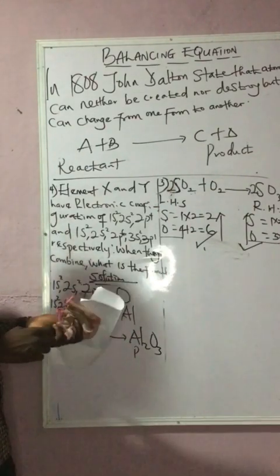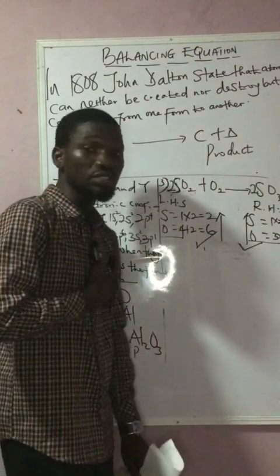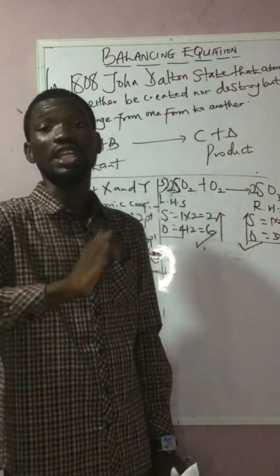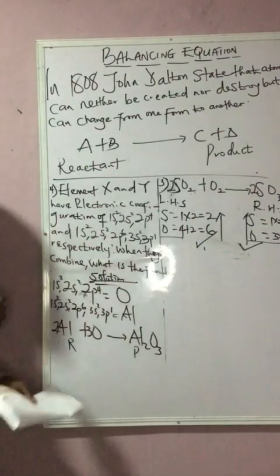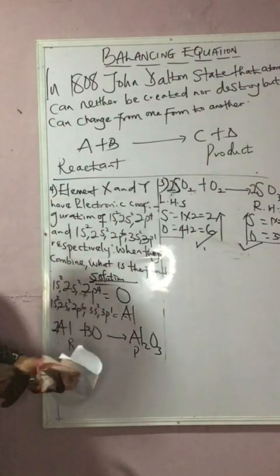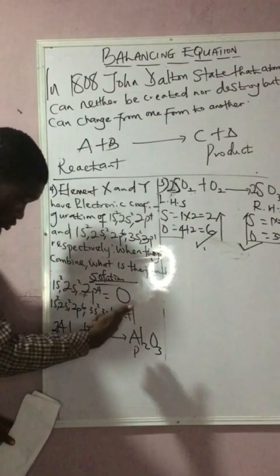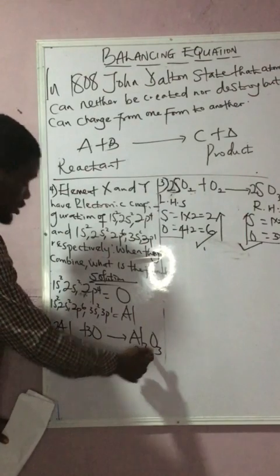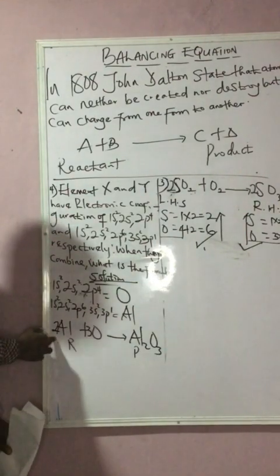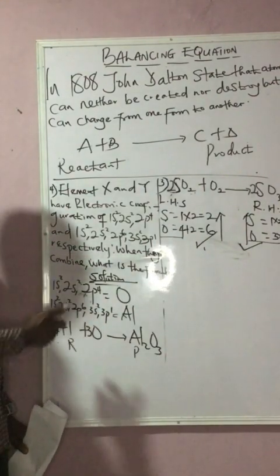Not initially when I was explaining, I told you guys that we can use the trial and error method. So here I'll be having what? 3 oxygen. So looking at those two, we have 2 aluminium here and 3 oxygen here. The same thing here, we have 2 aluminium, and we also have what? 3 oxygen.